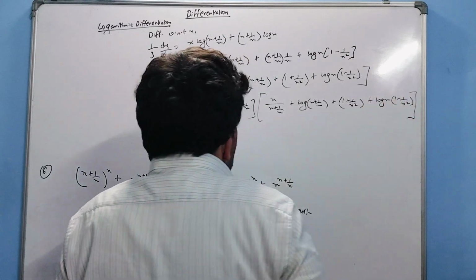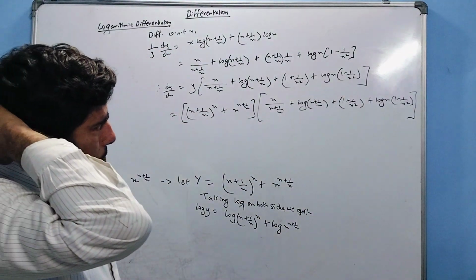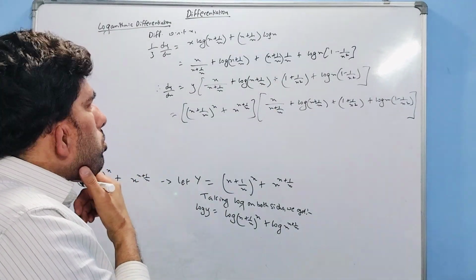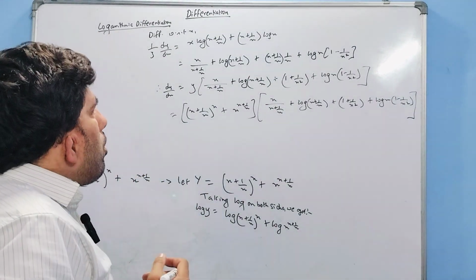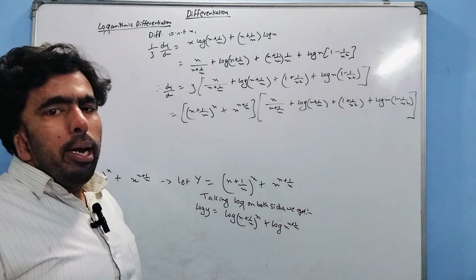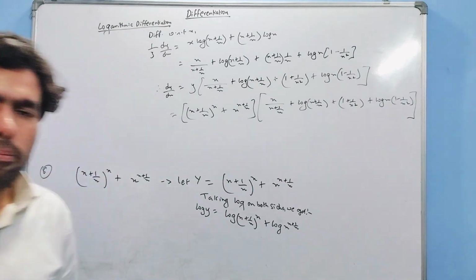Okay, so we have this. So now what we can do here, we can multiply also if we need to multiply it, or we can leave this as it is. Okay, so that's how we are able to differentiate function using log.